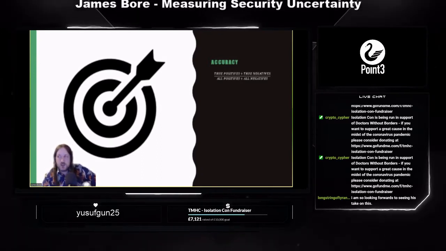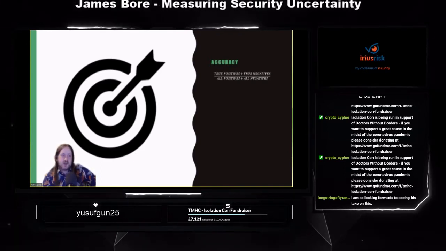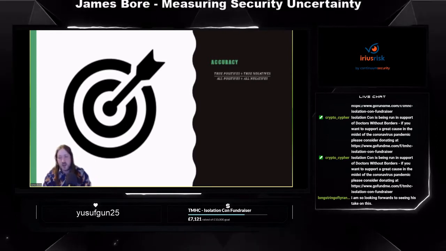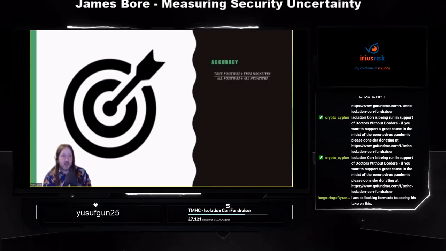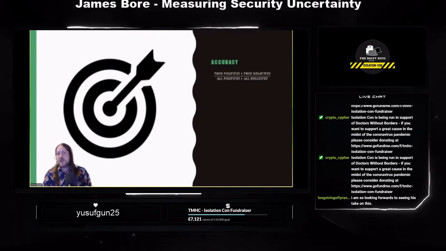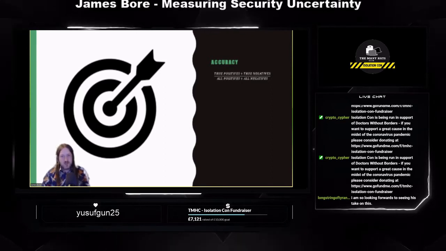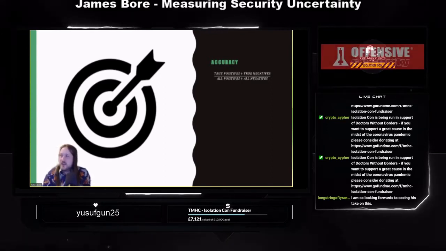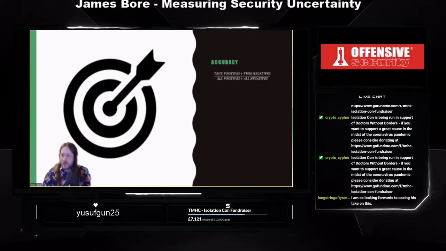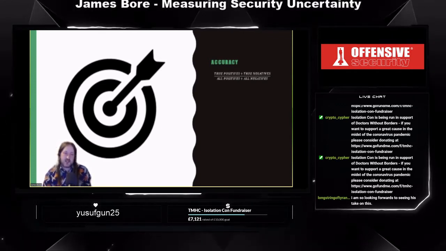And all that tells us is how many times the test has been right and how many times it's been wrong. It's a good general measure. It would be lovely if vulnerability scanners did this against, say, a standard list of 100 vulnerabilities for a particular test system. No one does it yet, but it is potentially possible. But it's not actually that useful a number because, yes, it tells us it's accurate.